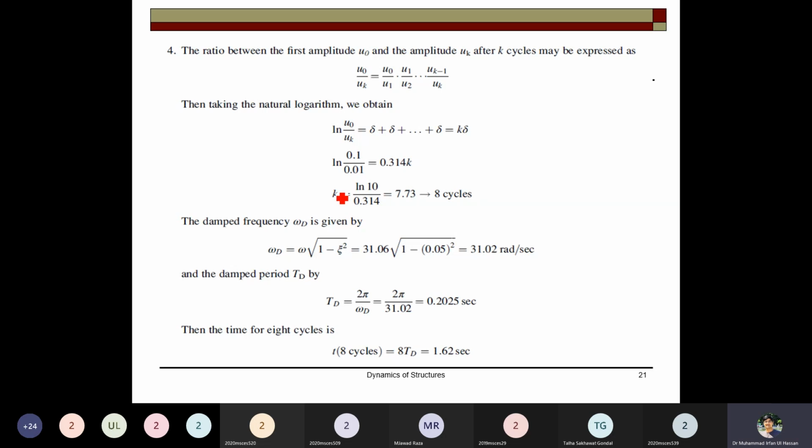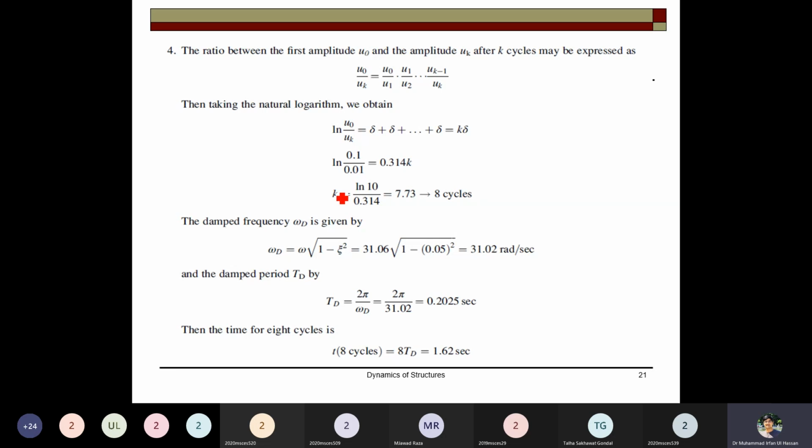That is the ratio; delta 0.314 is the one delta. So with more number of vibrations, let's say the initial was 10, the final log decrement delta is 0.31. This k is not stiffness here, this is the number of cycles, that is, how many cycles are needed to reach the vibration 0.314.